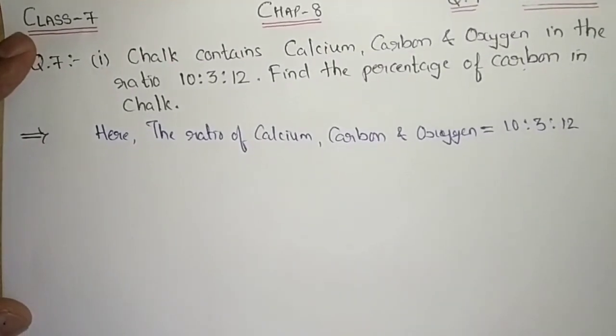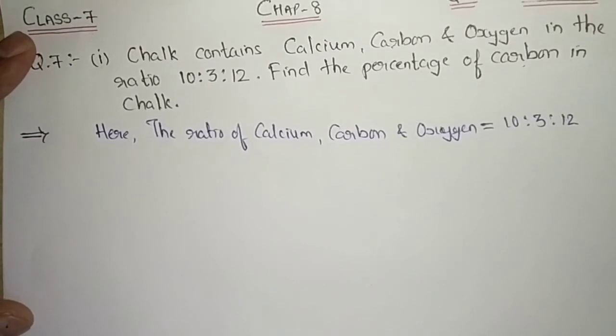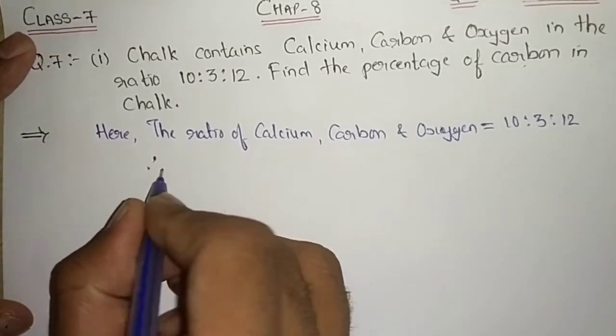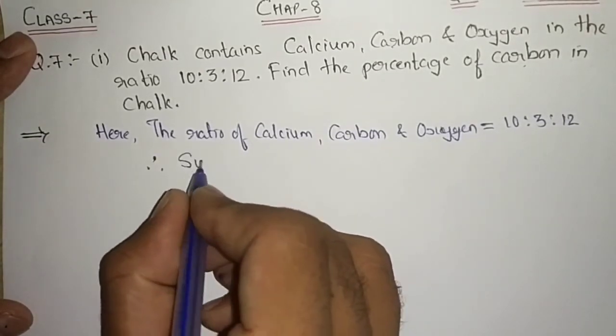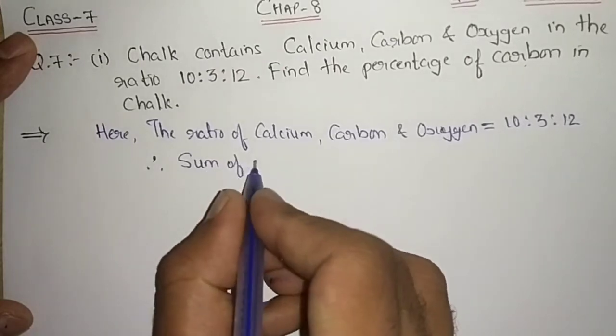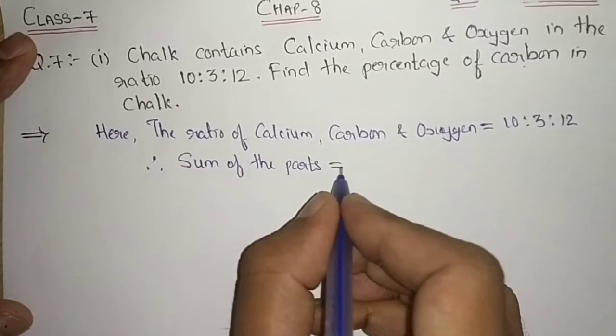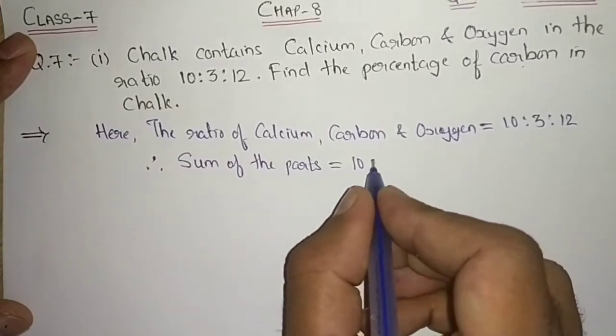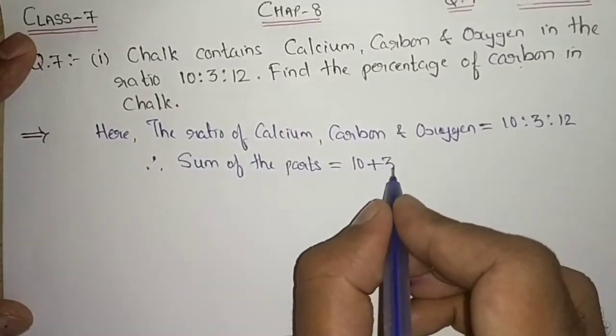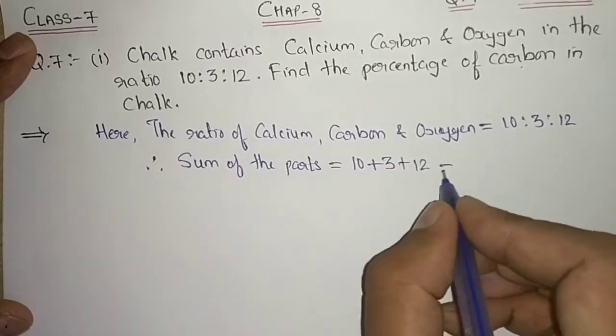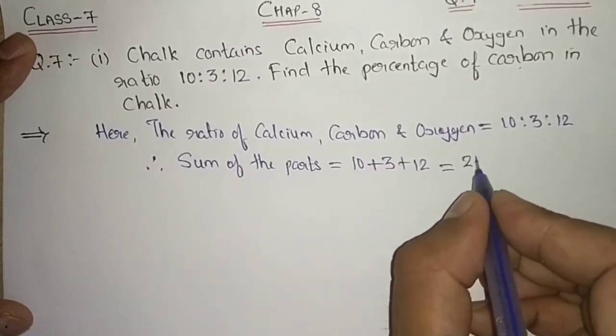That is what they have given us. So we will find the sum of the parts. Therefore sum of the parts is equal to 10 plus 3 plus 12, that will give me 25.